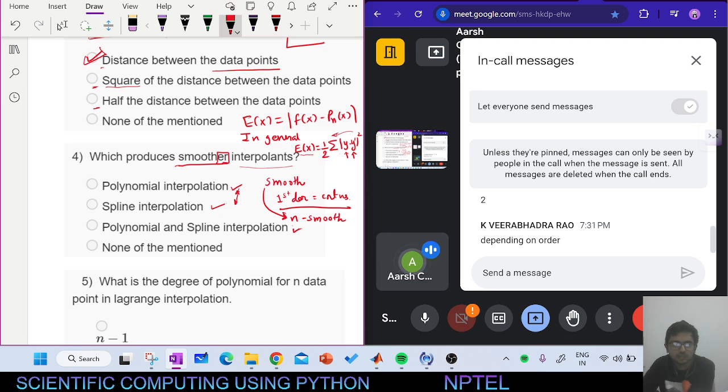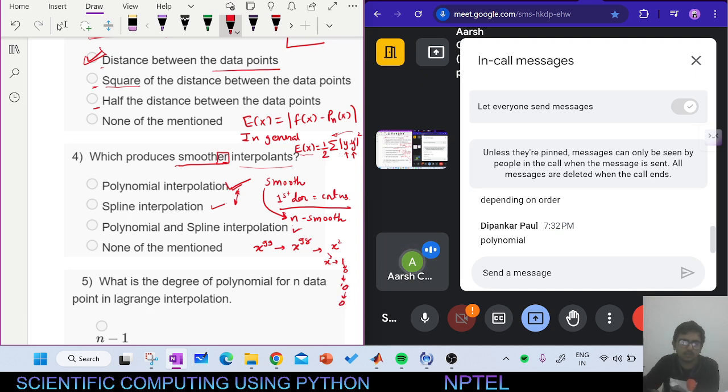Is it the polynomial or the spline? That will be the polynomial, because a polynomial can be differentiated infinitely many times. If you have x to the power 99, first we get x to the power 98, then 97, all the way down to x squared, then x, then a constant, then 0, then 0, then 0. So it can be differentiated infinitely many times.